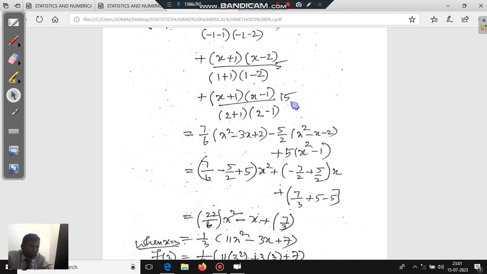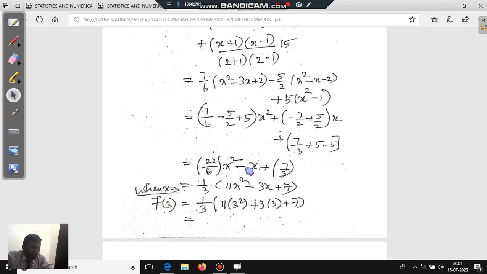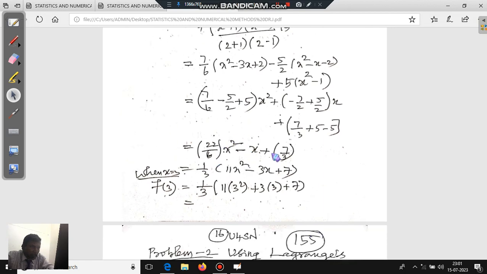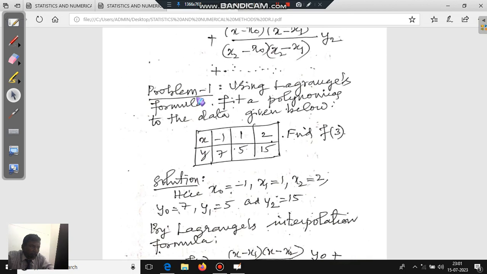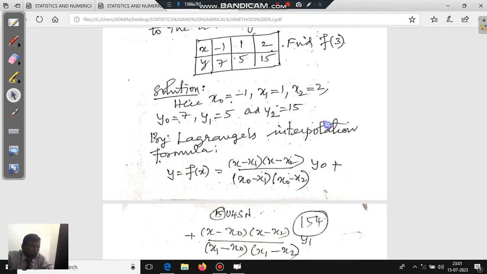We can strike out this and this, and will get 5 into x square minus 1. Substituting all these and simplifying, you will get the corresponding polynomial by Lagrange's method.